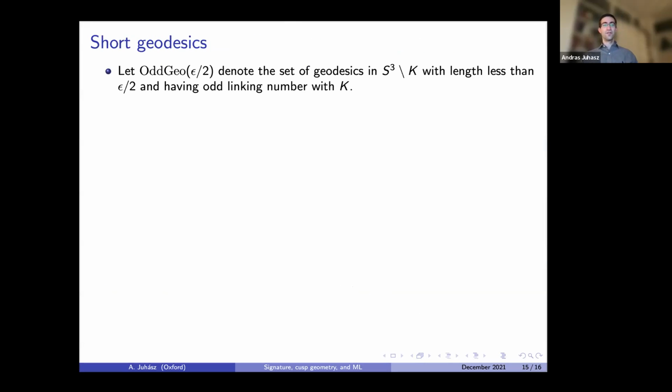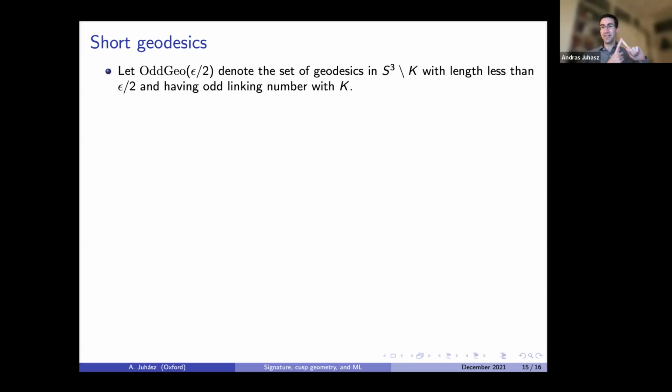Right, now if you don't like the injectivity radius showing up in our bound, there is a refinement of this inequality which uses short geodesics. And I should mention that when we looked at the most salient features that determine signature, there was the meridional translation, the longitudinal translation, but then the next two were injectivity radius and short geodesics.